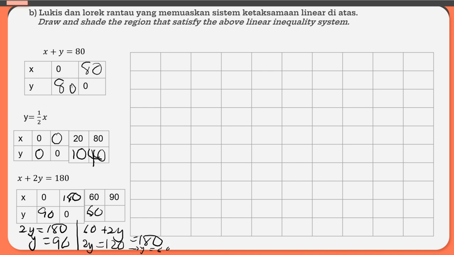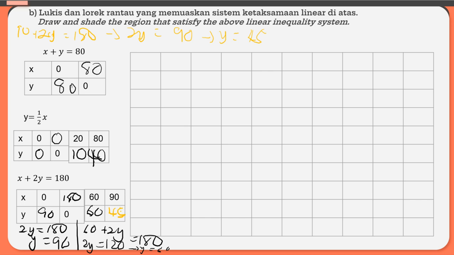And then when x equals 90, I try to find the value of y. So 90 plus 2y equals 180. Okay, so 2y equals 180 minus 90, you get 90. And then y equals 90 divided by 2, you get 45. Okay, so here you get 45.